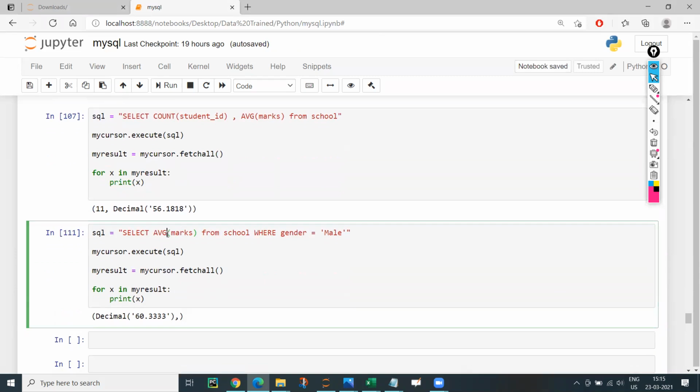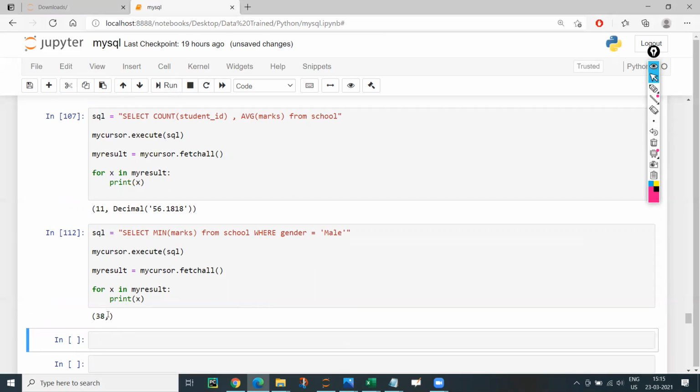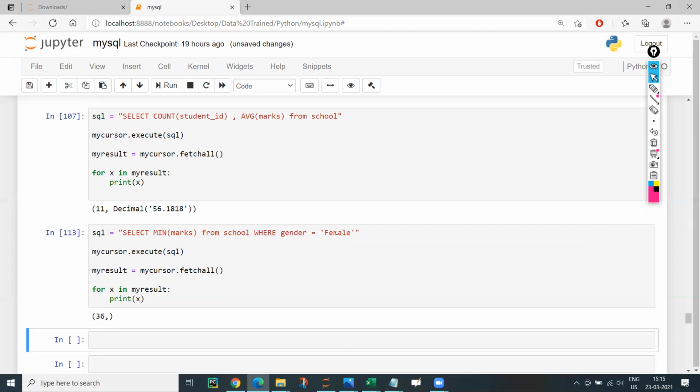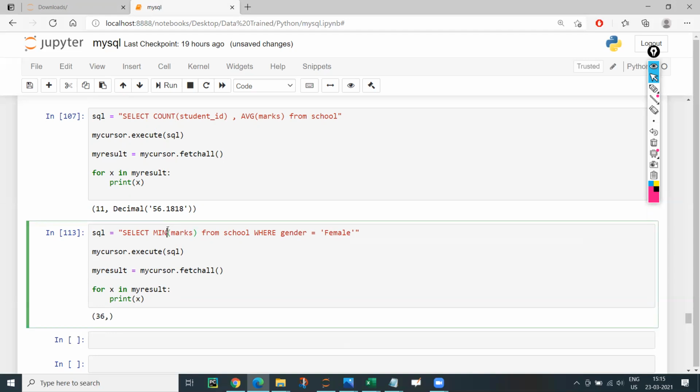And what is the minimum marks? Minimum marks in gender male, execute, 38 is the minimum number. And how about female? Female, we have a 36. Same thing, I can choose max.